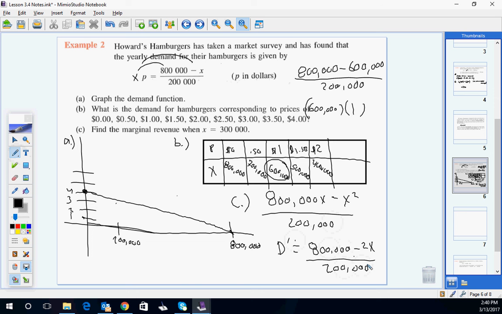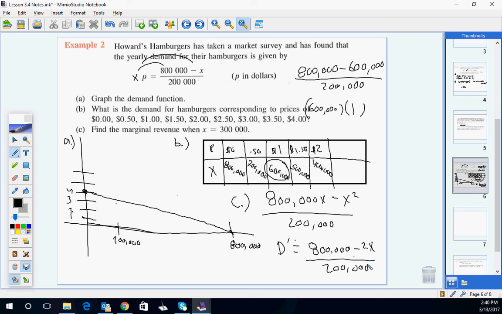Okay. That's the same thing as if I pulled it out, it would be 1 over 200,000, which would be a constant in front of an X, so it's irrelevant. So when we plug in the 300,000, that gives me 600,000, that gives me 1 again.